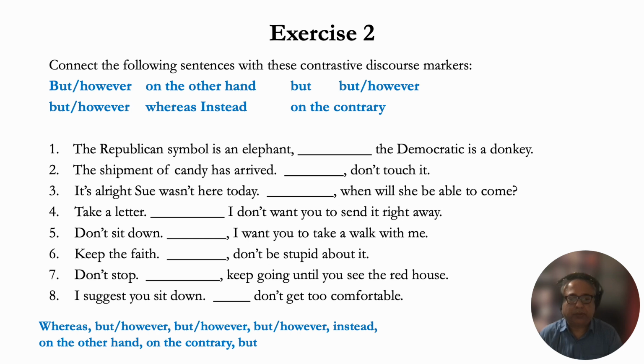Here are the answers for your reference and practice, because you need to keep writing. Write in English and use these contrastive discourse markers to write completely grammatically correct sentences.